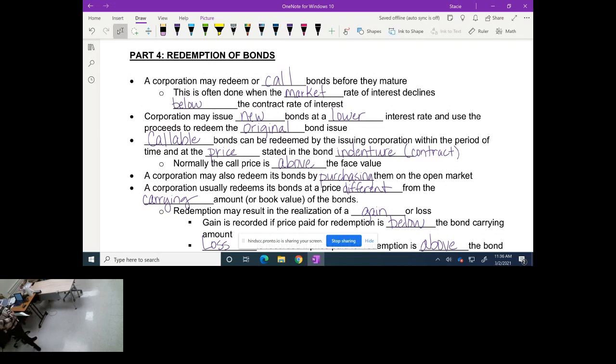They'll do this a lot of times when the market rate drops below what they're paying in interest. So they may want to do that to keep from paying a higher rate than they have to. What they might do is issue a whole new set of bonds at a lower interest rate that matches market, and then take that money they get from selling those and pay out the higher interest bonds.